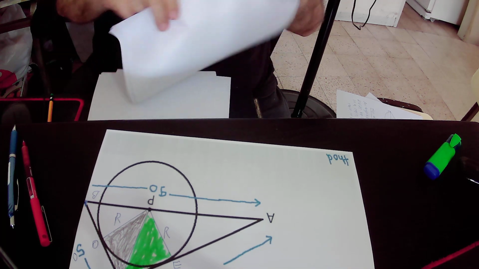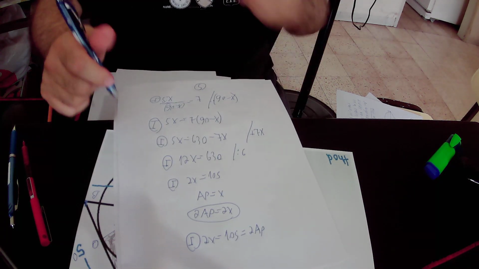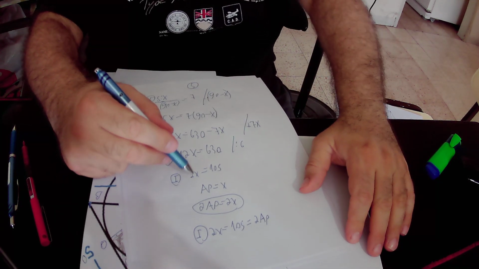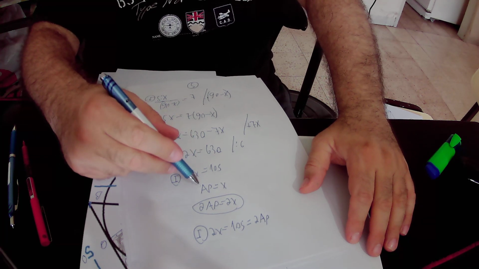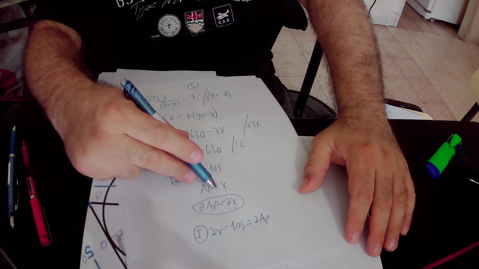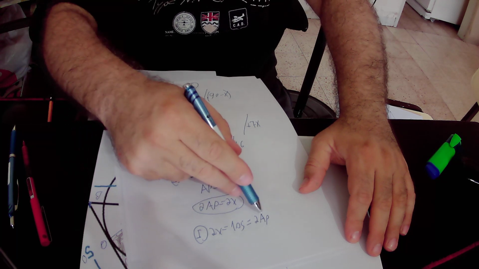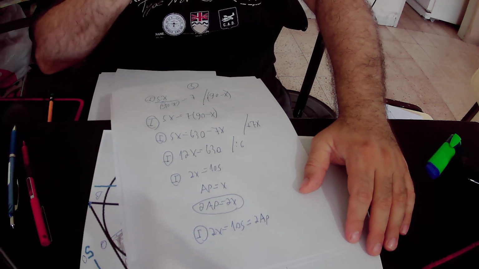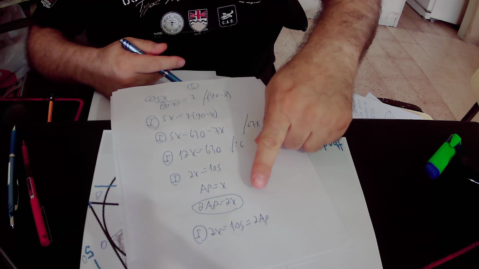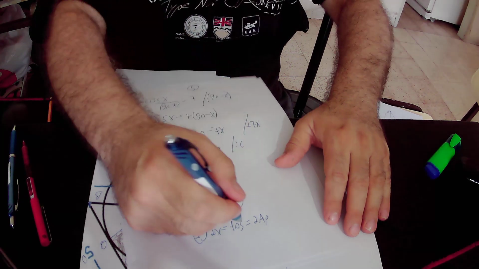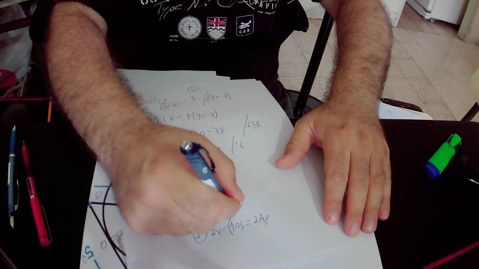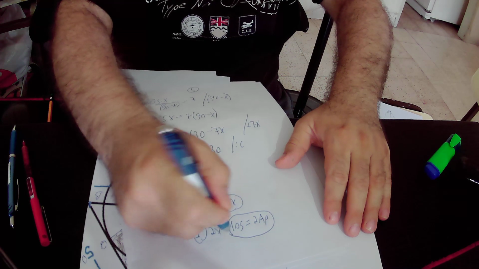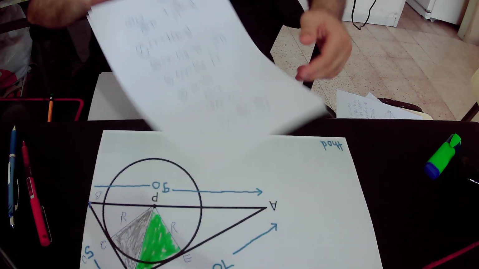So we wrote together that 2x equals 105 and 2x also equals 2AP. So as you can see here, 2 times AP equals 105, so we write it down.